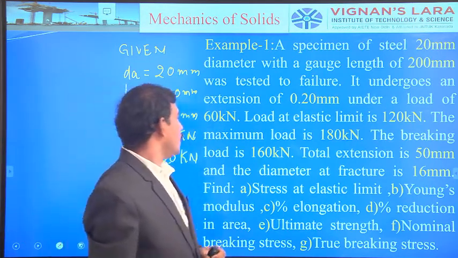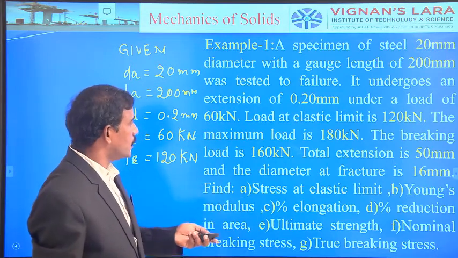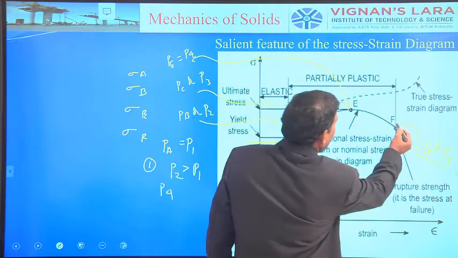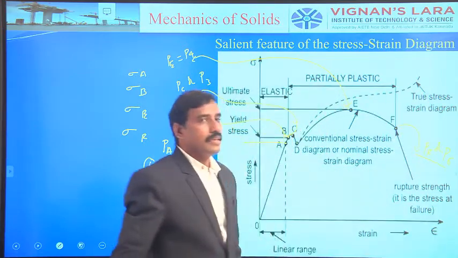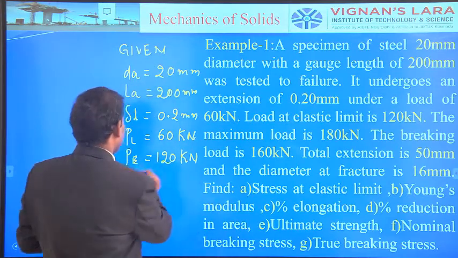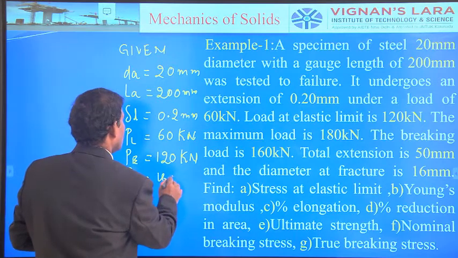Then the breaking load, going back to the previous slide where the material failed at point E, is 160 kilonewtons.